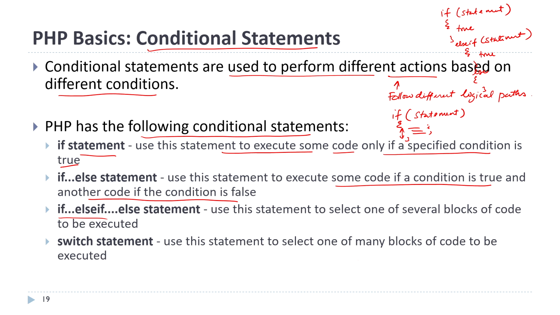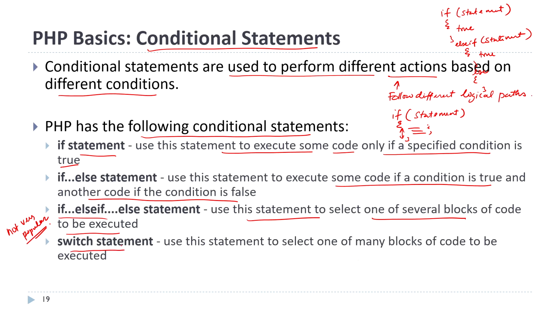So, you can have a large set of statements using else if. You use it to select one of several blocks of code to be executed, based on multiple conditions. That is feasible, but this is not very popular among programmers. People do not use it too much.